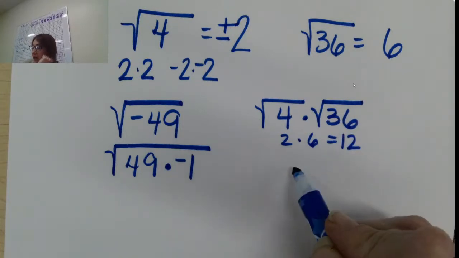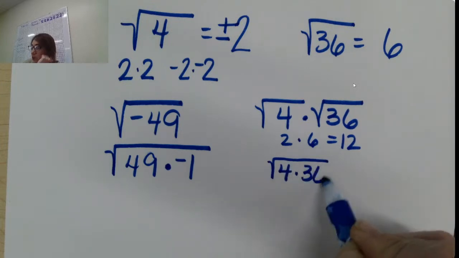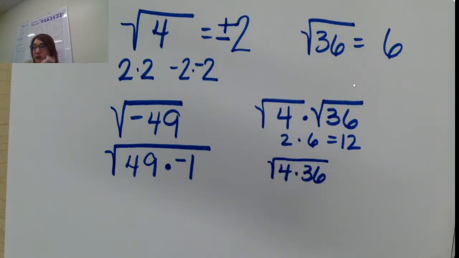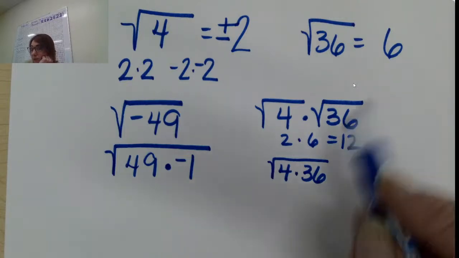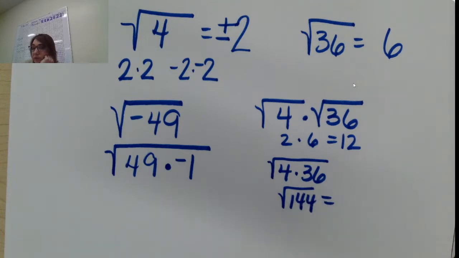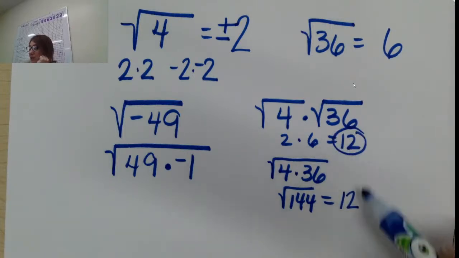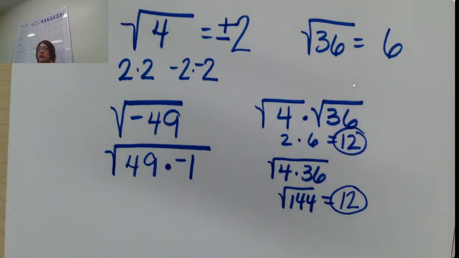But if I do 4 times 36, somebody do that for me. And what is the square root of 144? 12. See how it doesn't matter whether we multiply first or take the square root first, we still get the same answer.